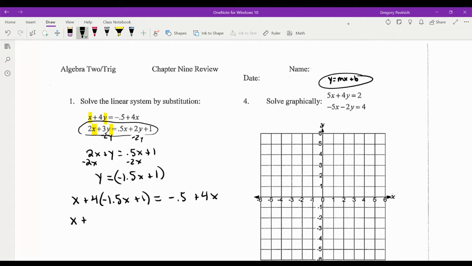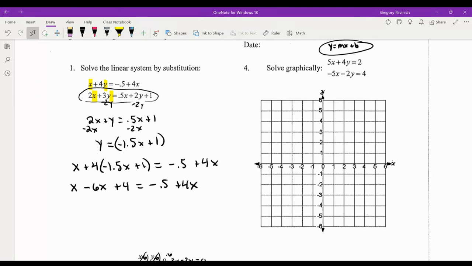I get negative 6x. So let me change that. Plus 4 is equal to negative 0.5 plus 4x. Now I'm just going to combine all my like terms, and I get negative 5x plus 4.